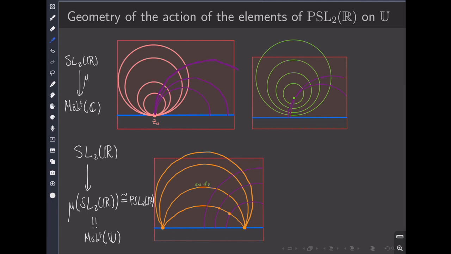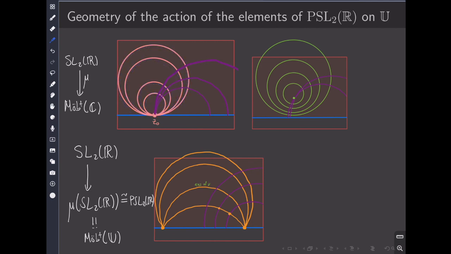And second, it behaves either in the clockwise sense or anti-clockwise sense. Each of the tangent circles is stable under the action.